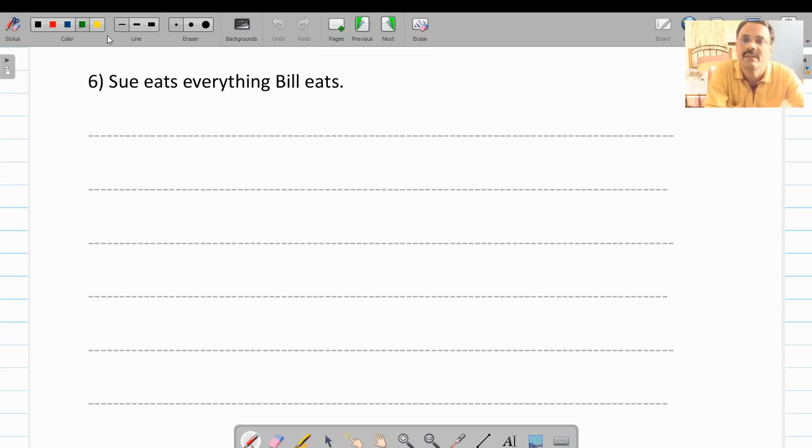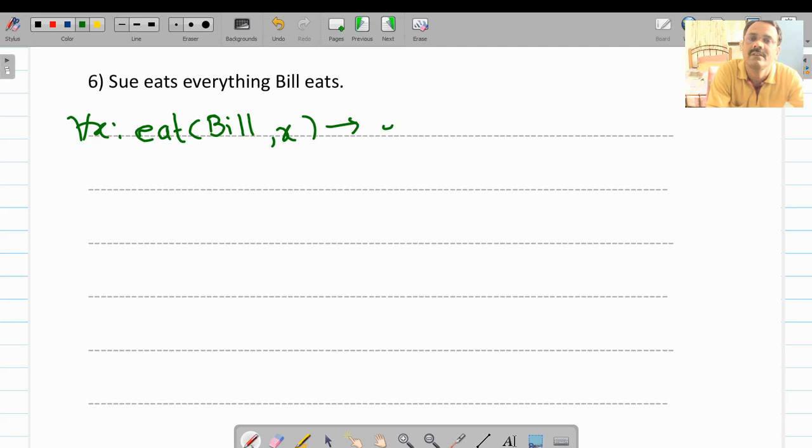Next sentence, Sue eats everything Bill eats. Implication is there. Whatever Bill eats, that's Sue eats. That's what it means. Sue eats everything Bill eats. So whatever Bill eats, Sue eats. So implication, that is equivalent to whatever Bill eats, whatever. So quantification for all x. If Bill eats x, that implies Sue also eats that x. Simple.